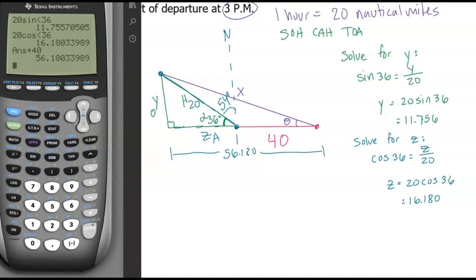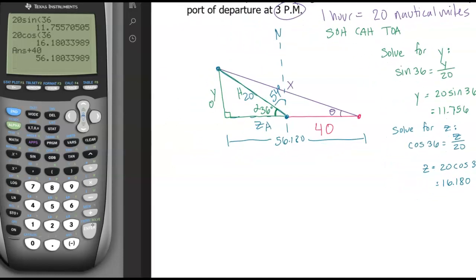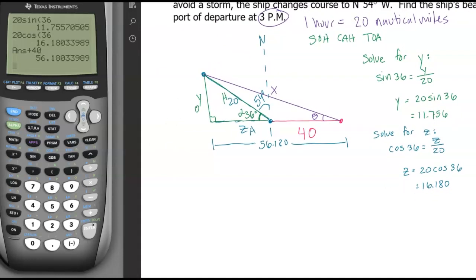So now I could either solve for theta and then use trig to find x, or I could just use Pythagorean theorem and solve for x, which I think that's what I'm going to do. Solve for x first by doing Pythagorean theorem.